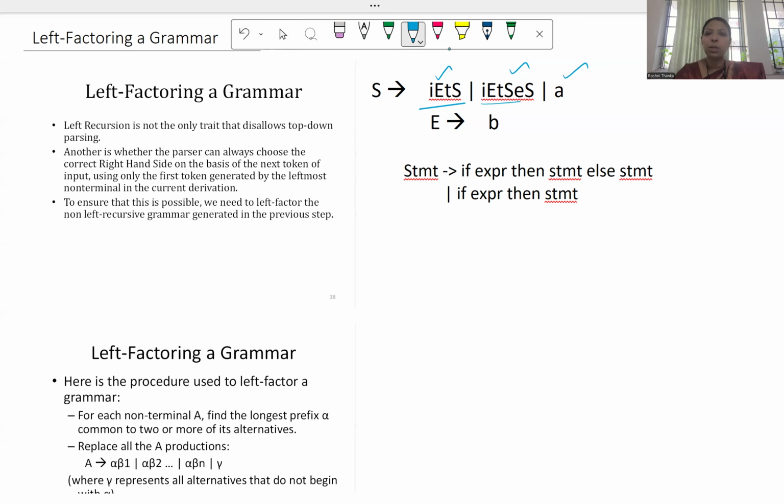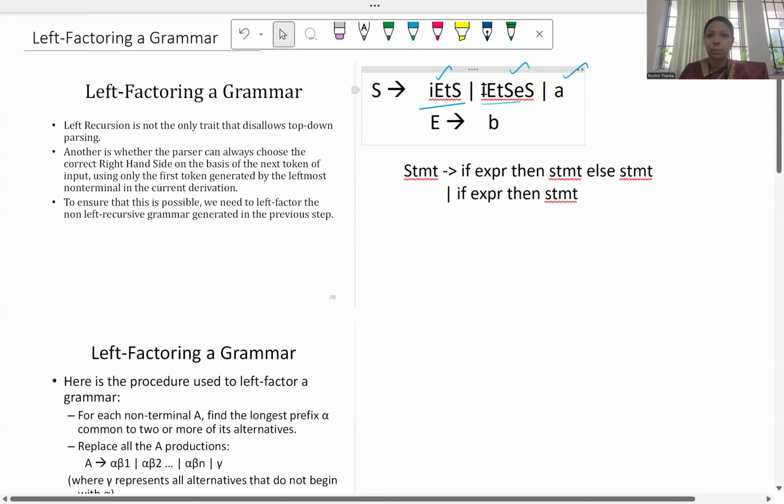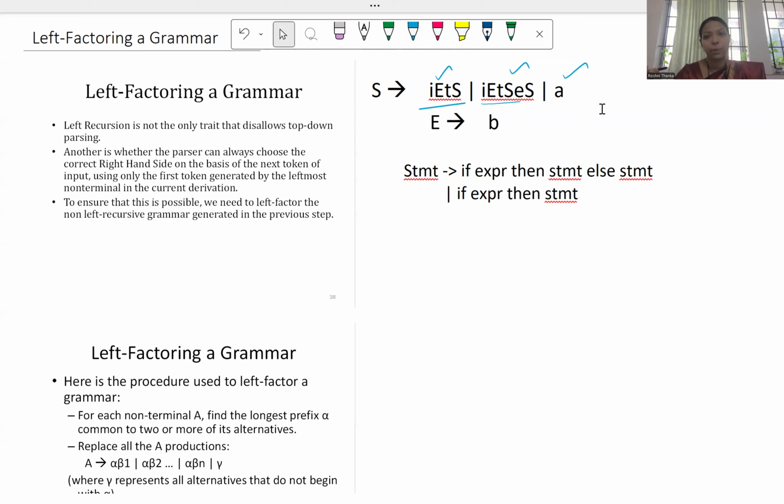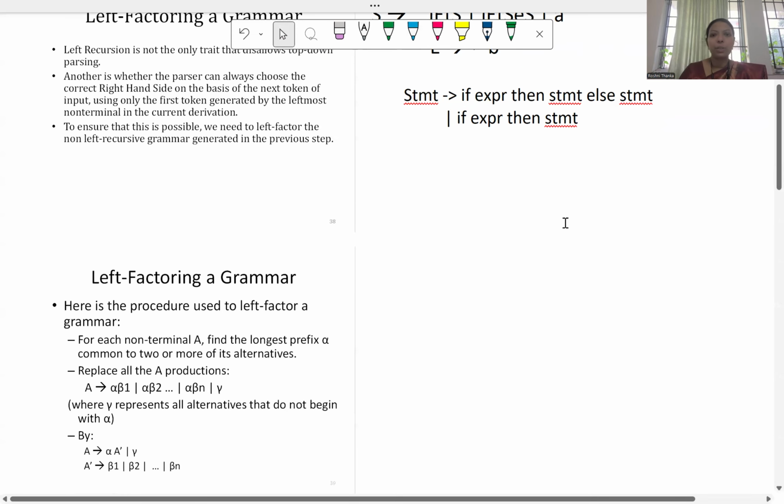So when a new input token comes with i, there is confusion whether to choose this production or that production. This kind of confusion in choosing the production we call left factoring. A context-free grammar which has left factoring cannot be parsed with top-down parsing, that is LL parsing. So we have to remove it.